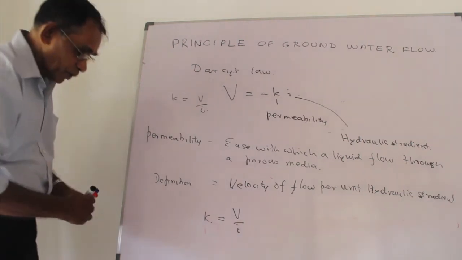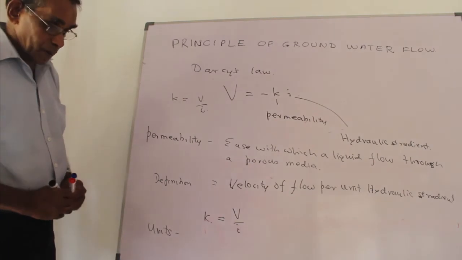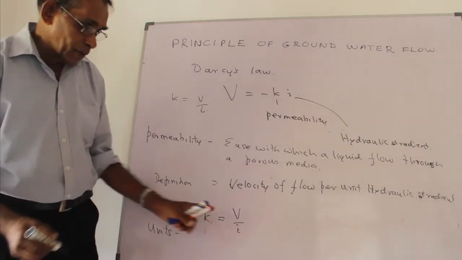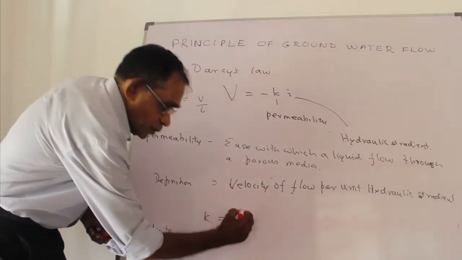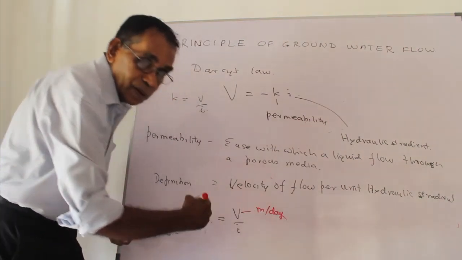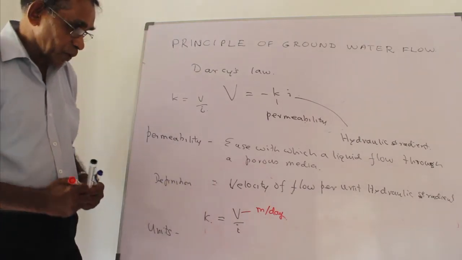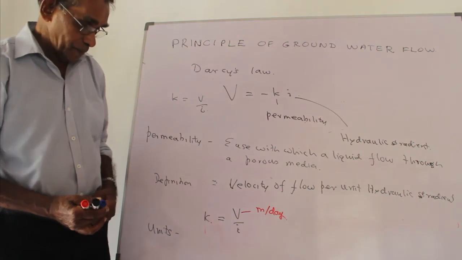Now coming to the units of permeability. The velocity will have the units of velocity. Basically, it is normally taken in meters per day because the velocity of flow through porous media is very little, so then we can put it in meters per day.